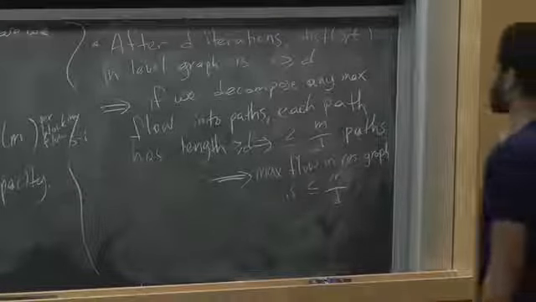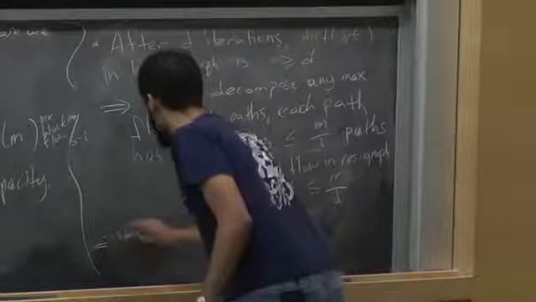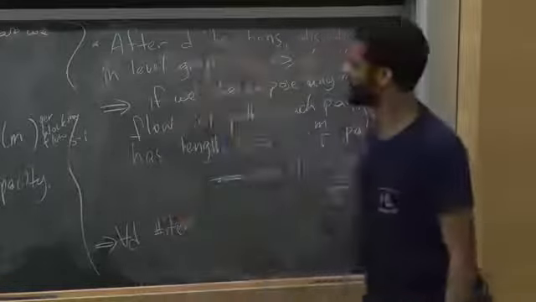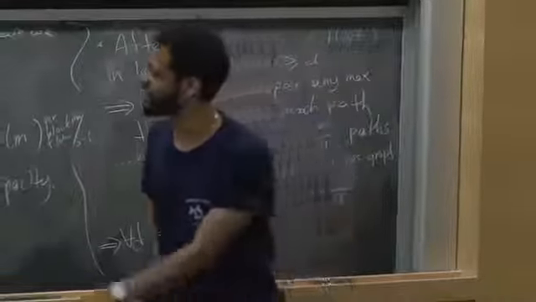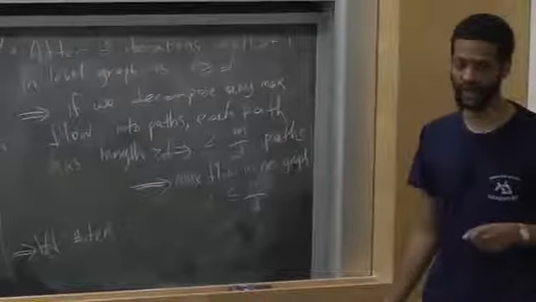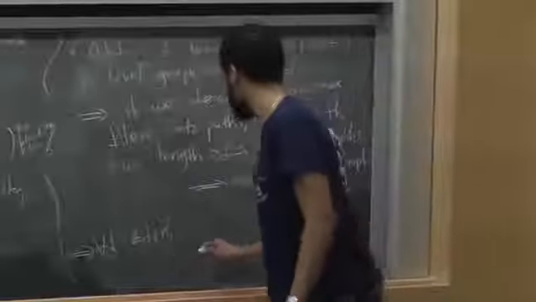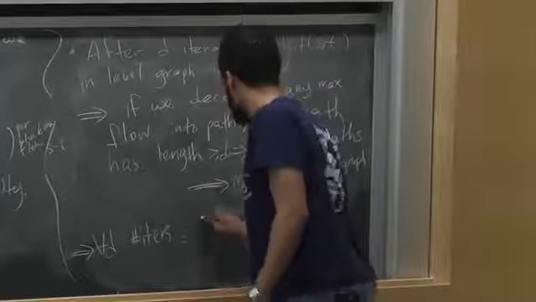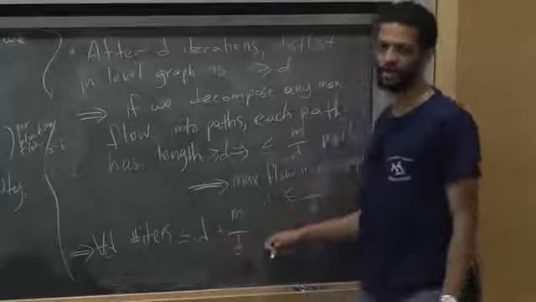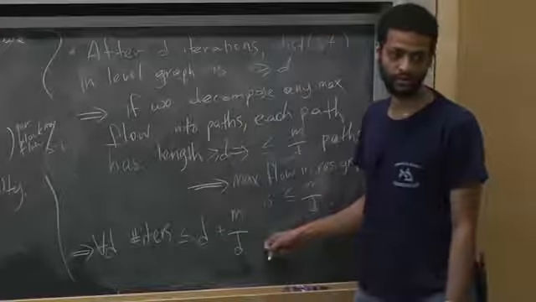So this implies that for all d, the number of iterations... Linear time to find a blocking flow is pretty good. But let's attack this other business of the number of iterations of blocking flow we need. How many blocking flows do we need to find? This implies that the number of iterations of finding blocking flows is at most d plus m over d. Once we've had d iterations, we will only have m over d more iterations, right?